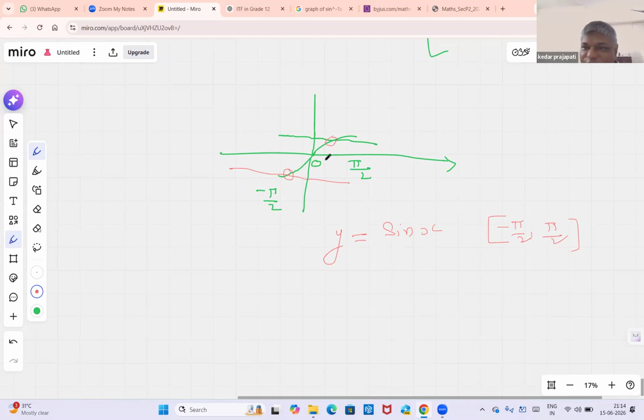The x-axis is known as the domain. And its range is how much? What is the value of y? The value of sine goes from minus 1 to 1 only. Sine 0 is 0, sine 90 is 1. We don't get 2 or 3. So its range is minus 1 to 1.